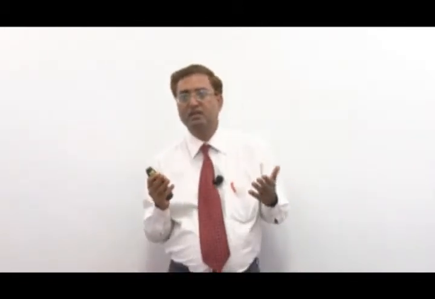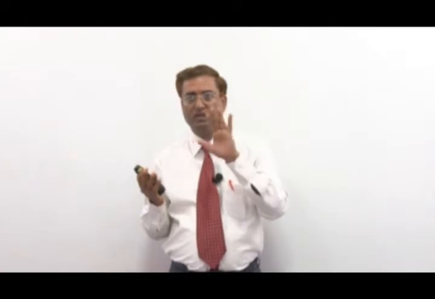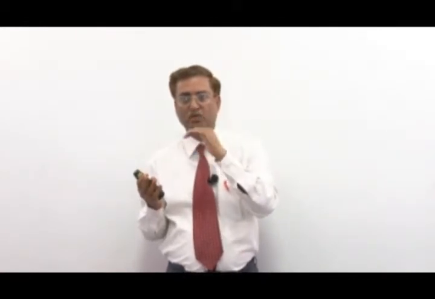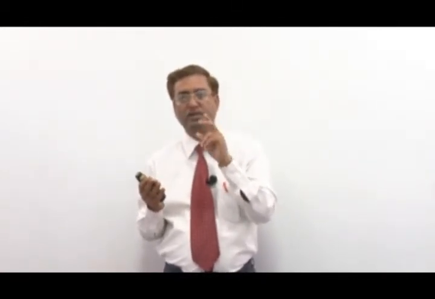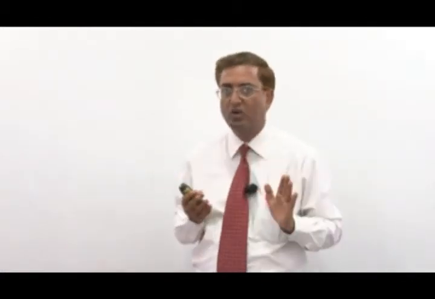So, this equation contains two unknowns, basically sigma x and sigma y. Another equation is needed to solve the problem, because to calculate two unknown values there must be two equations. So far we have got only one equation.